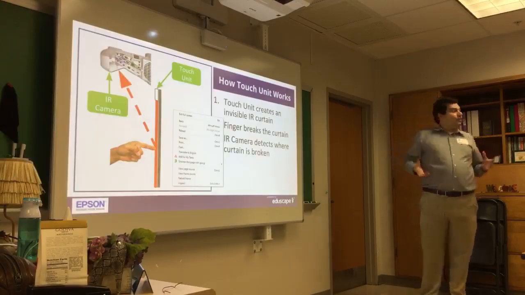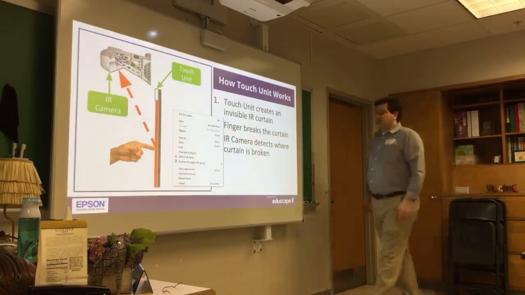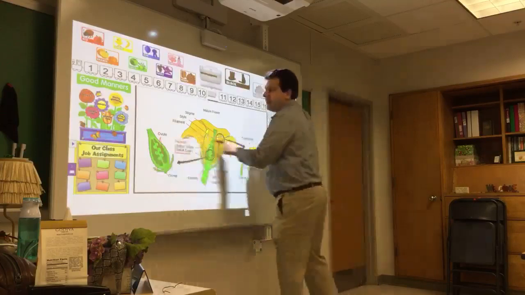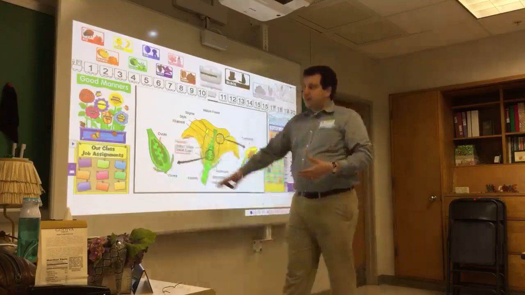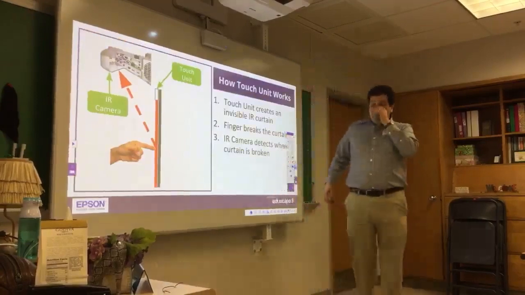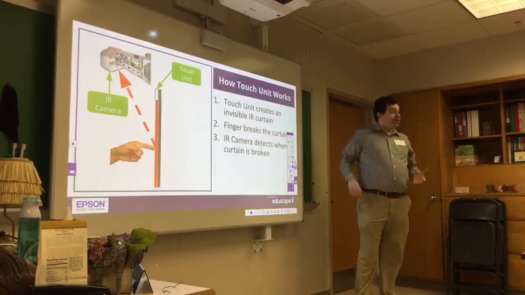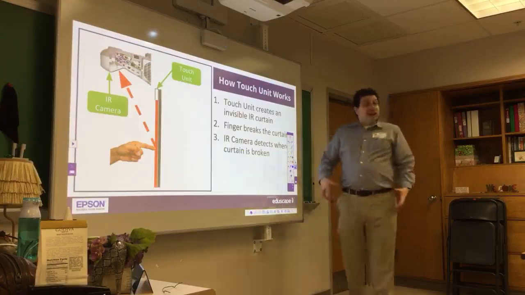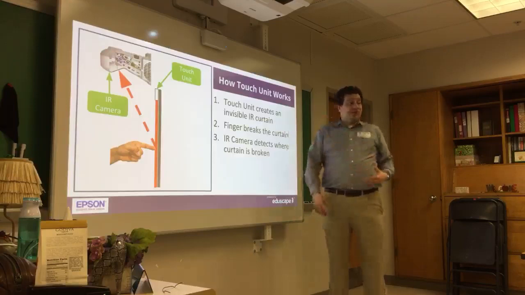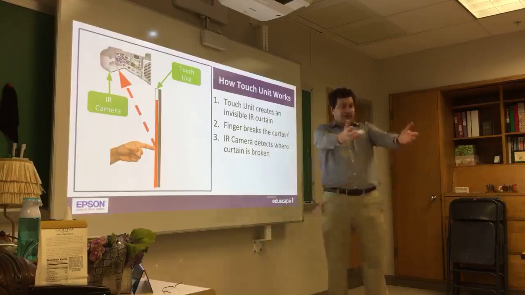If you're having trouble with the touch unit, like you touch the board and it goes to a weird place or something like that, there's a couple of reasons why that might happen. One is, if you're wearing very, very sparkly jewelry, it can reflect the infrared light and cause the camera to have trouble. So, you know when you guys wear your really fancy bracelets?